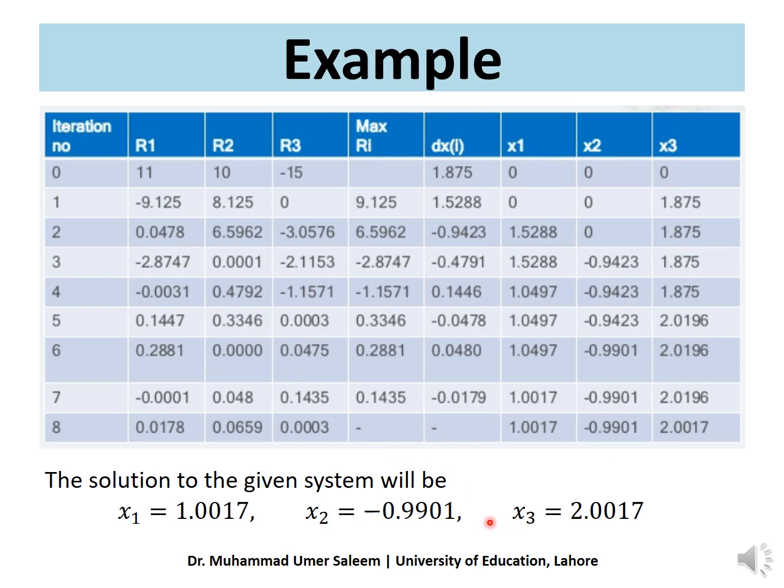Then you can solve the system with fewer iterations and more accurately. Take this as an assignment. Solve a similar system with the help of the Gauss Seidel method, and then with this relaxation method, and then compare the results. You will see the difference.